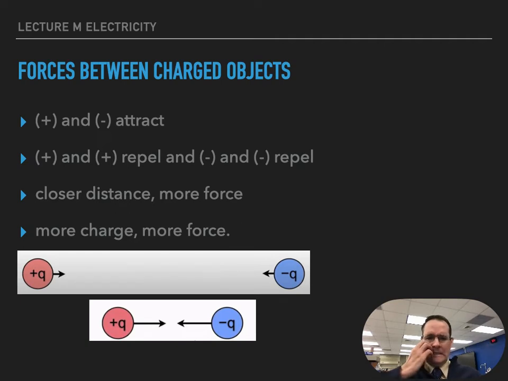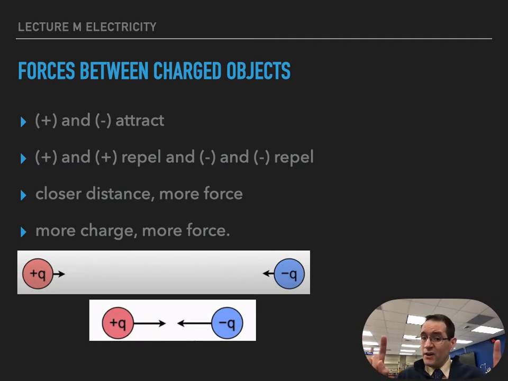Now, here are some details that are new here, okay? In the third bullet, we have the closer the distance between the charges, the greater the force. So I've got some illustrations to illustrate that. I've got a negative Q in blue and a positive Q in red that are attracting one another.